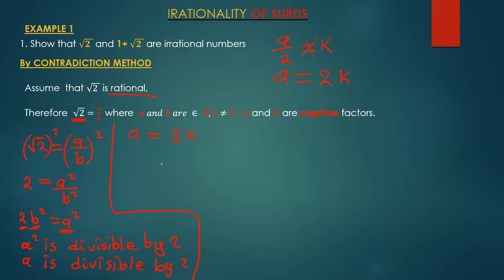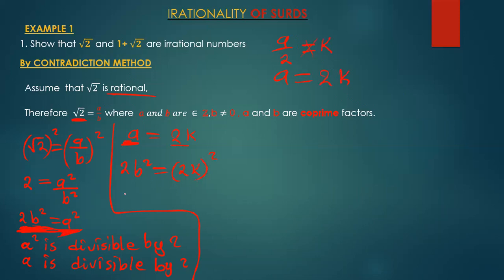And then the other thing that you need to get is this same expression there. Where there is a, I'm going to replace it by 2k. So I'm going to have 2b squared is equal to 2k, and since a is squared there, I'm squaring that part.